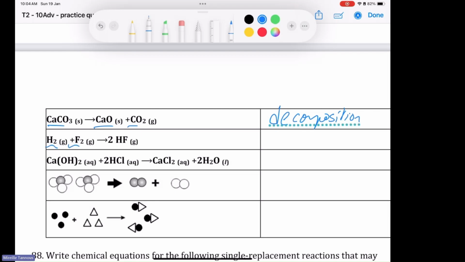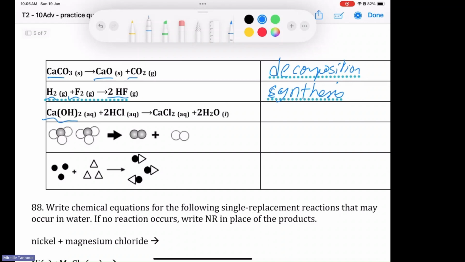This is a combination or synthesis, not a combustion. A compound and another compound. Look, OH is here, Cl is here. So this is a double replacement.